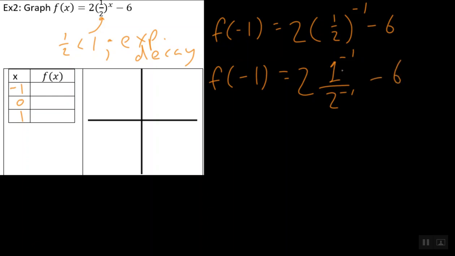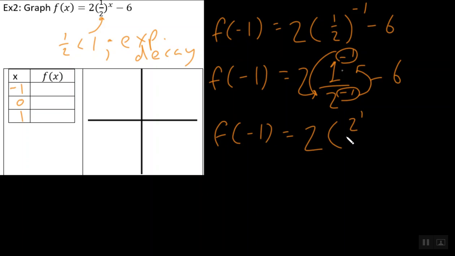And remember, in order to change these powers from negative to positive, we take them and we flip them to the other side of the fraction. So this 1 to the -1 goes to the bottom, this 2 to the -1 goes to the top, and we can rewrite this as 2 times 2 to the +1 over 1 to the +1 minus 6.